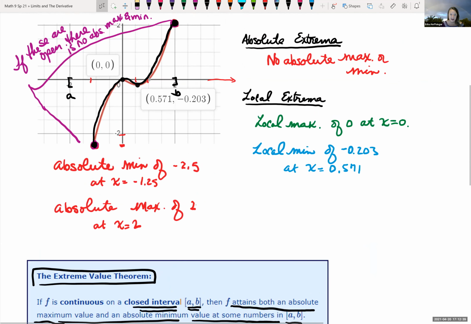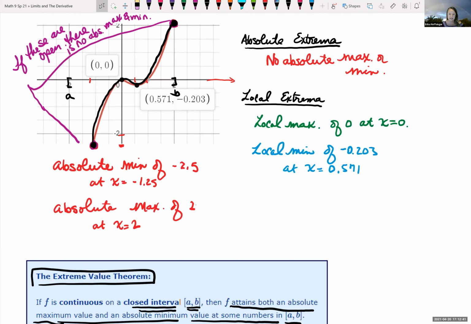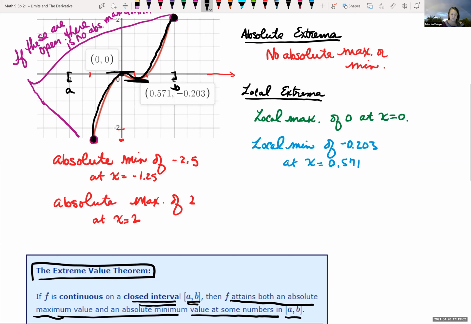So when we're going to find these absolute max and absolute mins, it's similar to what we were doing when we were finding our local max and local mins. We can use our first derivative, find when our derivative is equal to 0. So those would possibly give us max and min values when our slope is 0, or where it's undefined but defined in our original function.